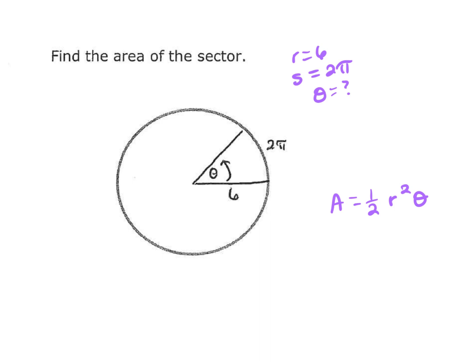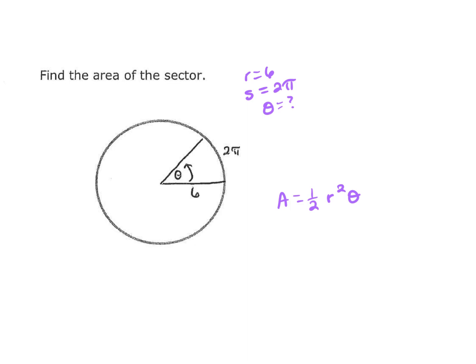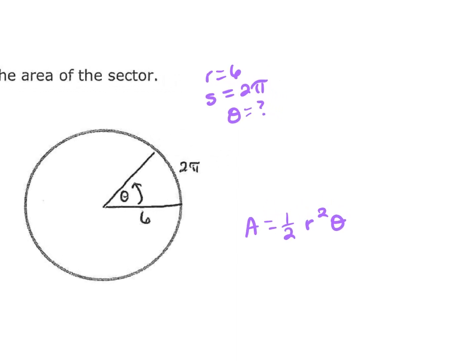You have to use your arc length formula first and figure out what theta is, and then you can go back and plug in. So let's plug into s equals r theta first. We get 2 pi equals 6 theta. If we divide by 6, we get that theta is pi over 3.